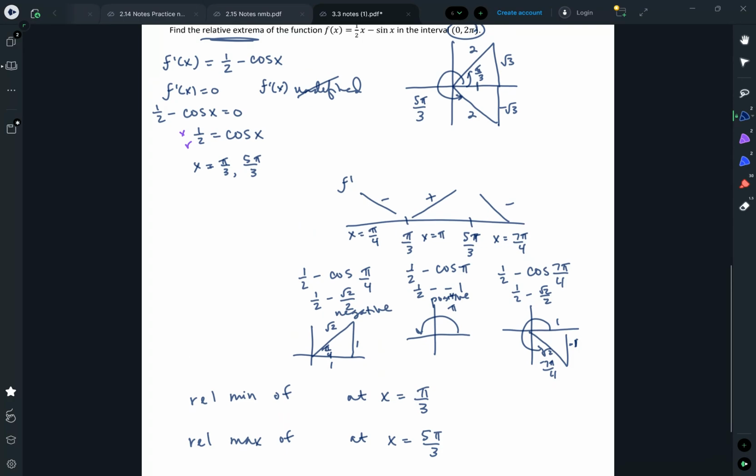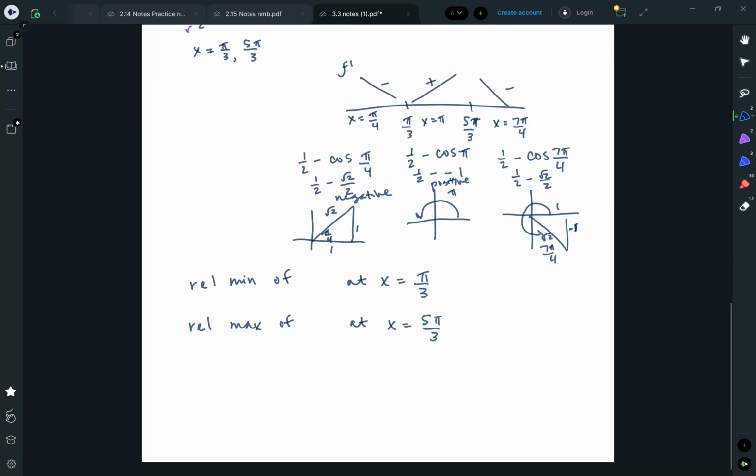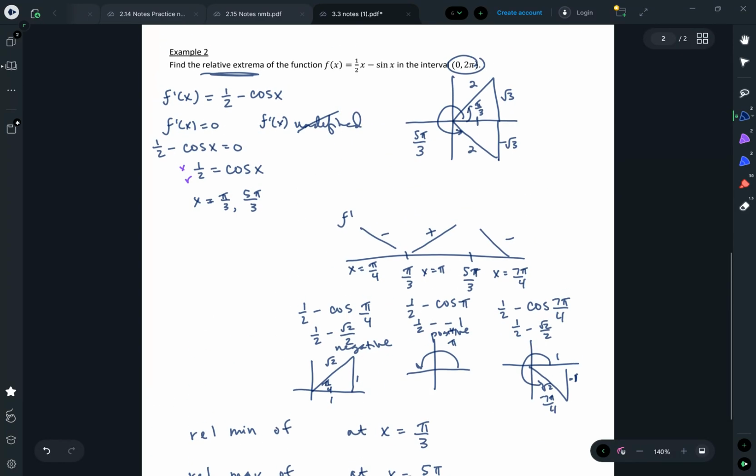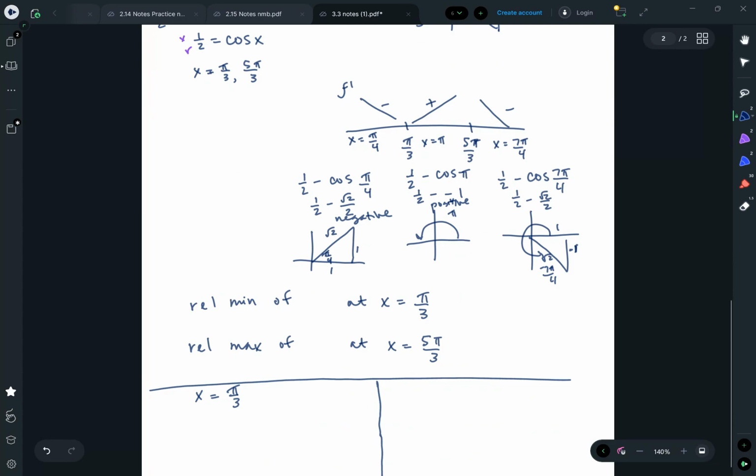We got to go back to our function. I don't even know where to put this. We'll put this over here. So at x equals pi over 3, we would have 1/2 x minus sine x.